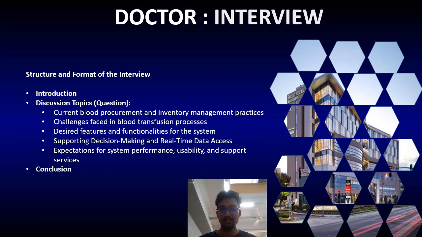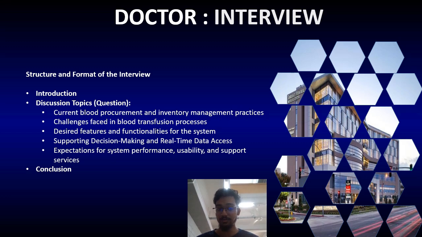Then we look at the structure and format of the interview. First, we do an introduction, where we ask the doctor's name and how many years of experience they have in blood transfusion. Then we go to the main discussion topics, where we ask about current blood transfusion treatment and inventory management practices in the hospital, and challenges faced during the blood transfusion process.